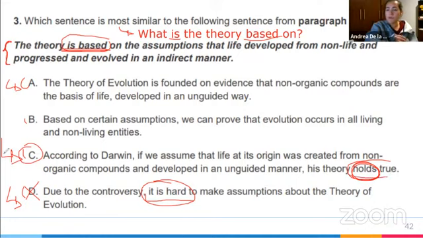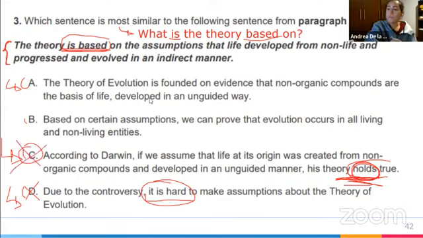That is the purpose of option C. But that is not what we want, right? We want a sentence that explains what this theory is based on, right? And this sentence just shows when his theory would hold true. So it is not option C either.